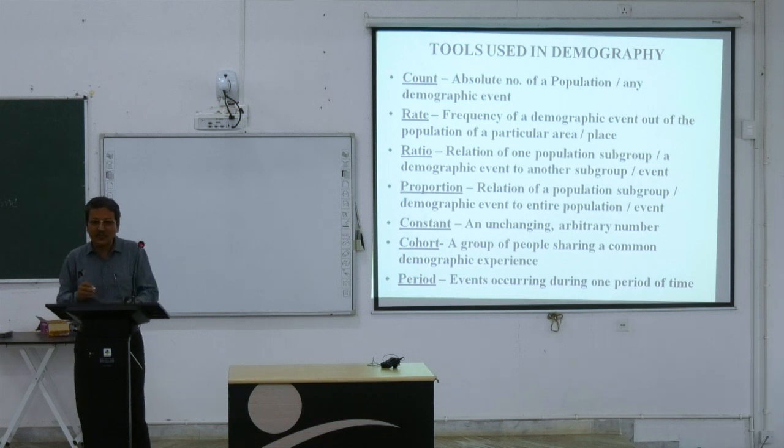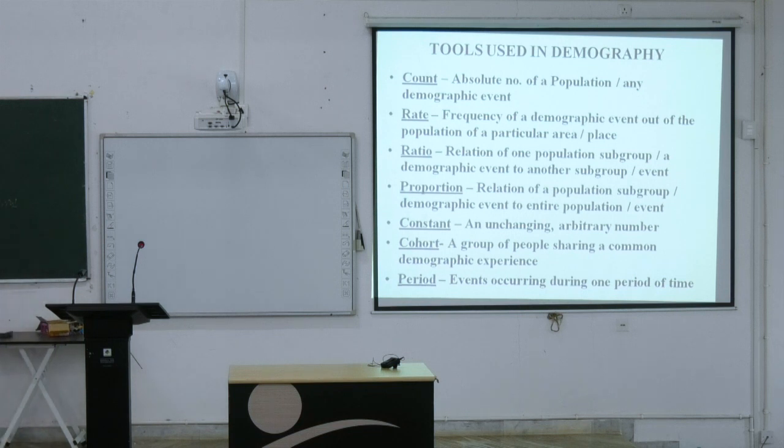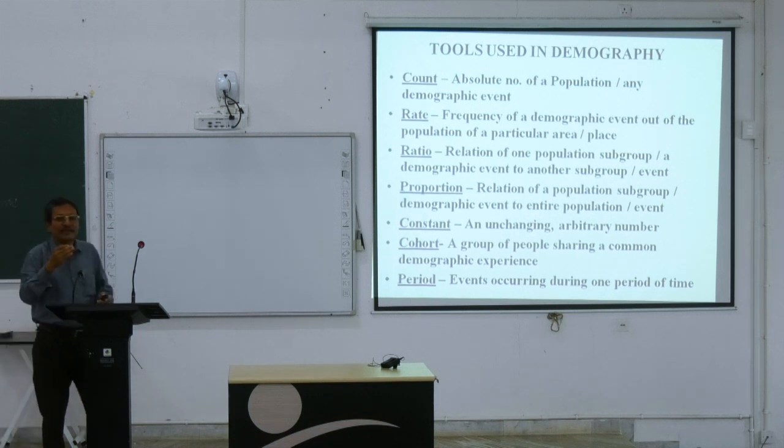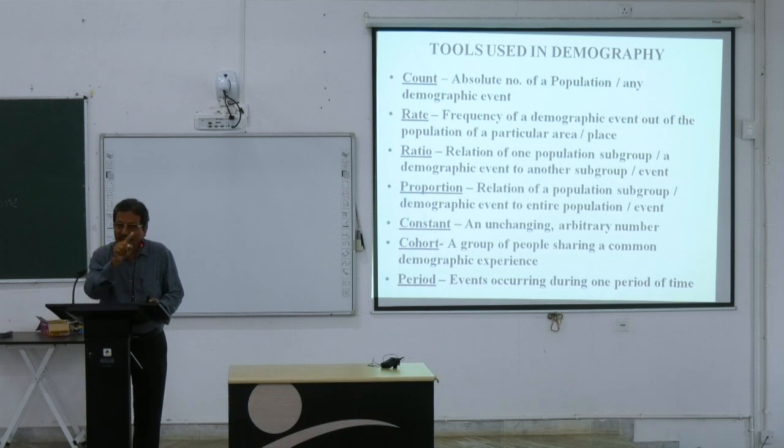The constant used in most cases is per thousand, throughout the world. It is usually expressed per thousand. For birth rate, the numerator is the number of births, and the denominator is the total population, expressed per thousand.